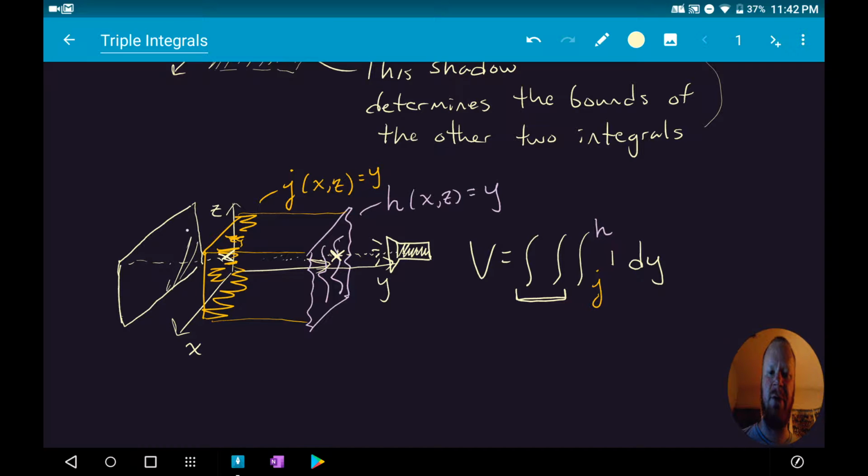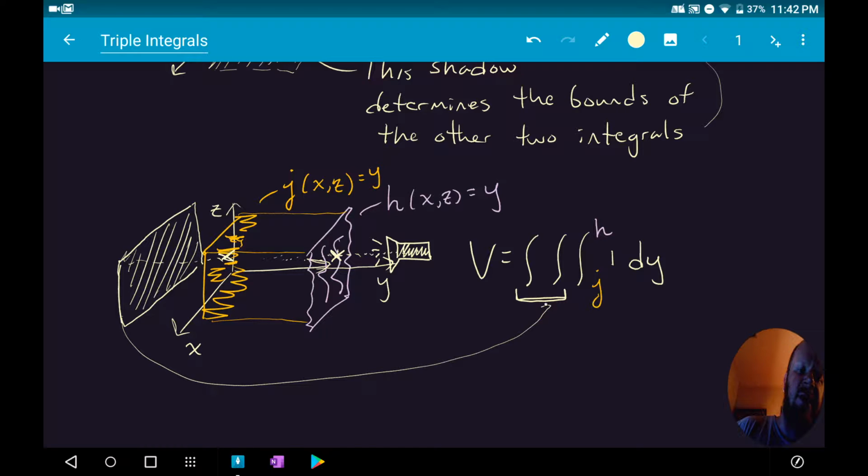I think that shadow looks like a rectangle, something like this again, right? In our example that we do, we'll look at more interesting shadows, but for now, we'll just say there's a connection between this shadow and these two integrals. So I'm just going to put them dx, dz, in just an arbitrary order, right? X is in between 0 and 3, z is in between 0 and 2, something like that.